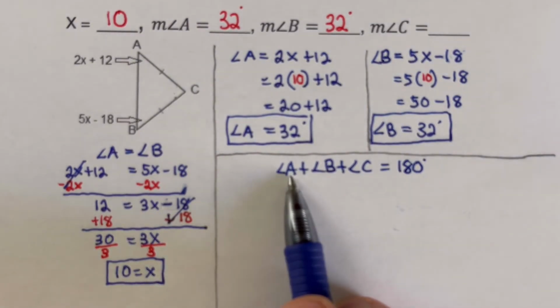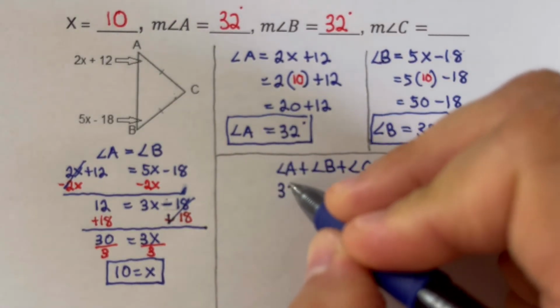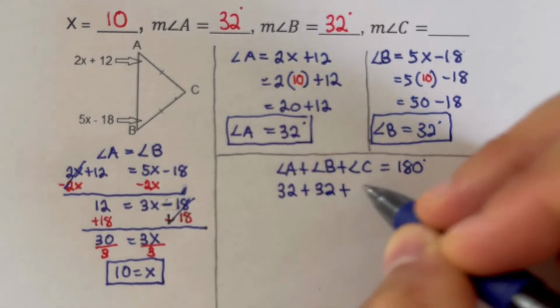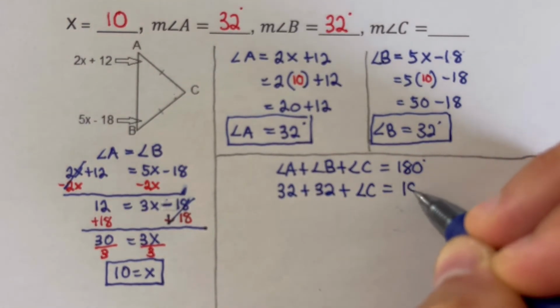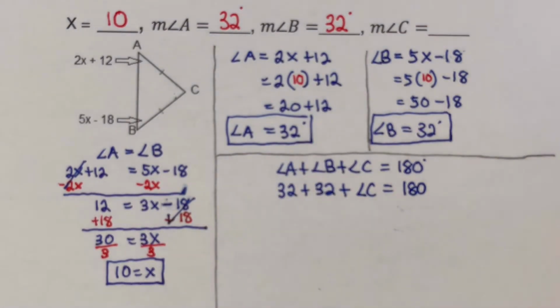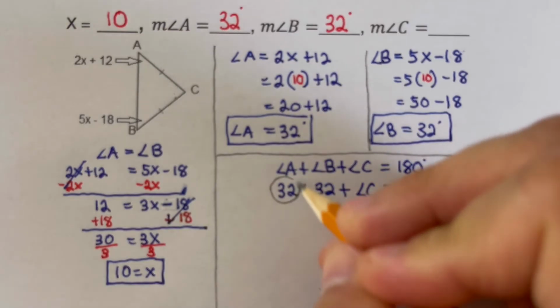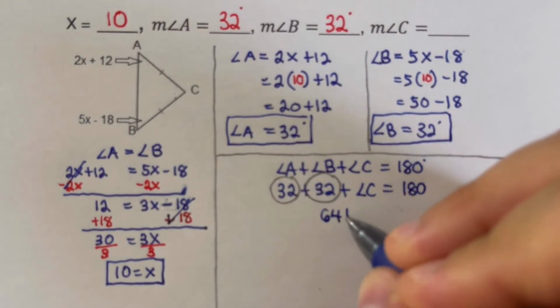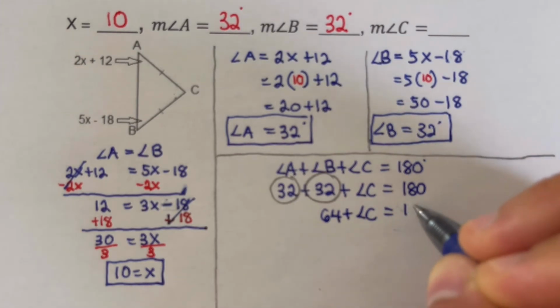Our angle A, we've solved it. That is 32, plus angle B is 32, plus angle C is equal to 180. So we combine like terms, 32 plus 32 becomes 64. So that is 64 plus angle C equals 180.